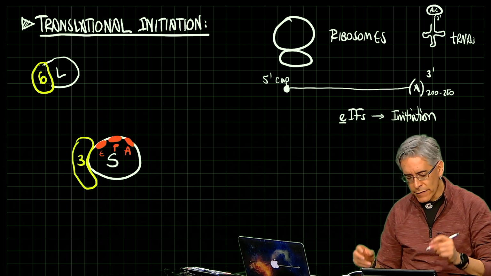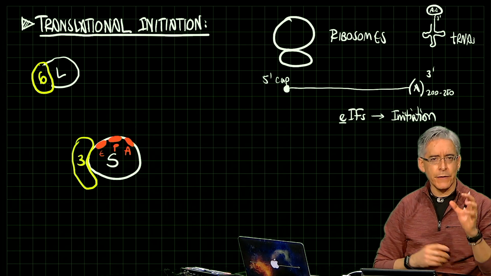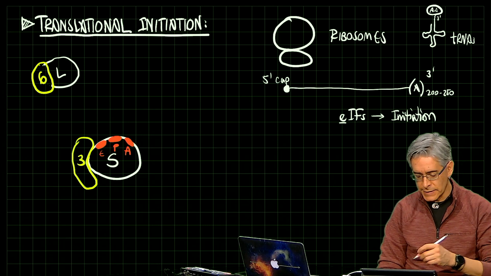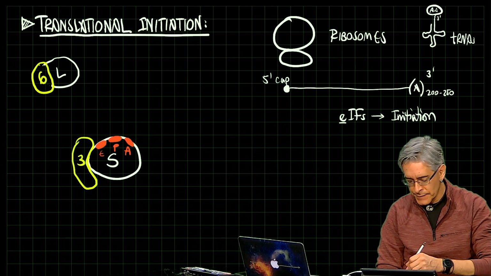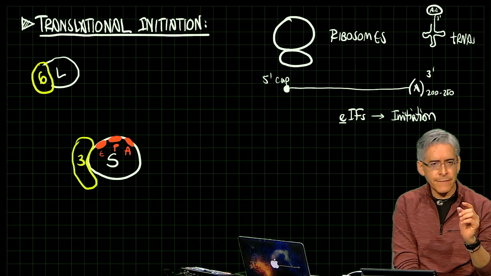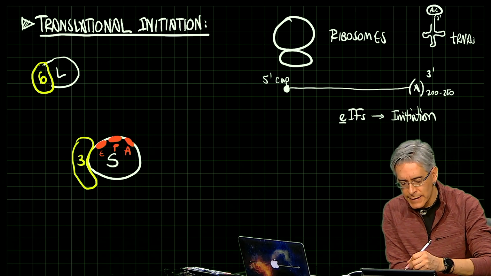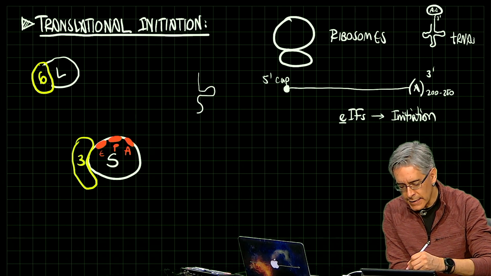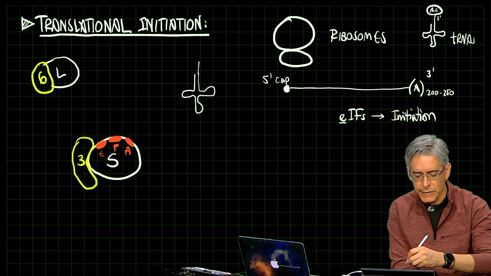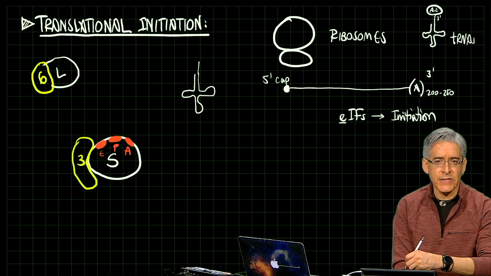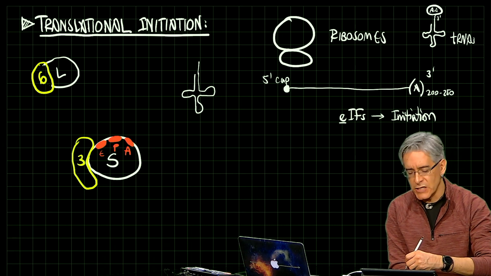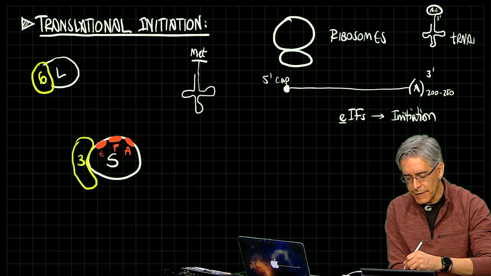All right, so there are a few factors that need to be recruited to the small ribosomal subunit to start the whole process. And the most important factor that needs to be recruited is the tRNA. So the tRNA needs to come into the small ribosomal subunit, and the tRNA that is typically used during the process of eukaryotic translational initiation is the one that carries methionine.